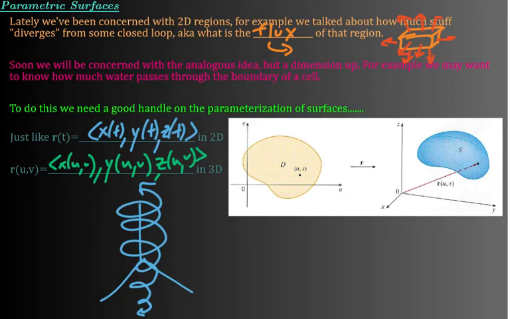At any given uv, you plot a vector, and the tip of the vector ends on the surface. If you keep doing that over and over, infinitely many times, you get a combination of all these different points, and all those points build up the surface.